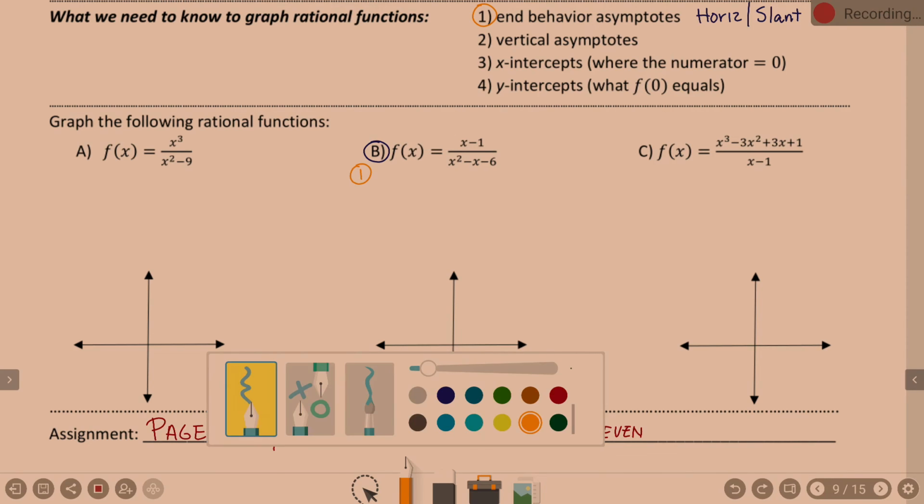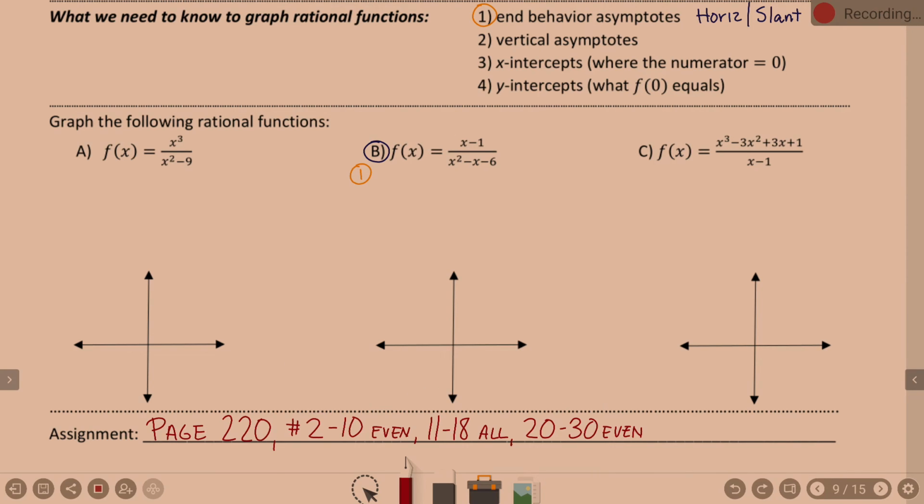As we look at example B, any thoughts on end behavior? Any horizontal asymptotes, slant asymptotes? Horizontal asymptote at y equals 0? Why? Yes.